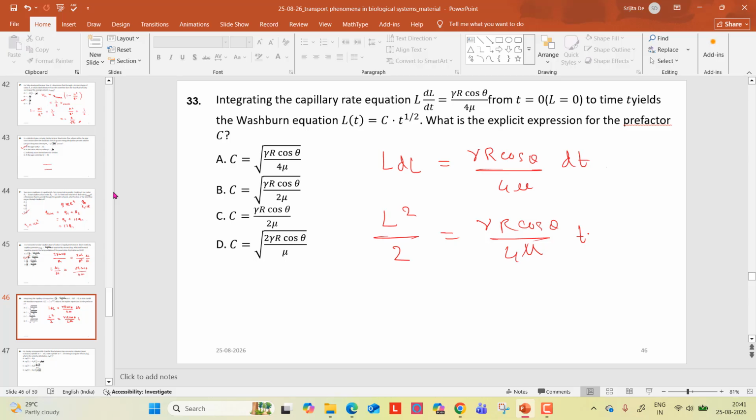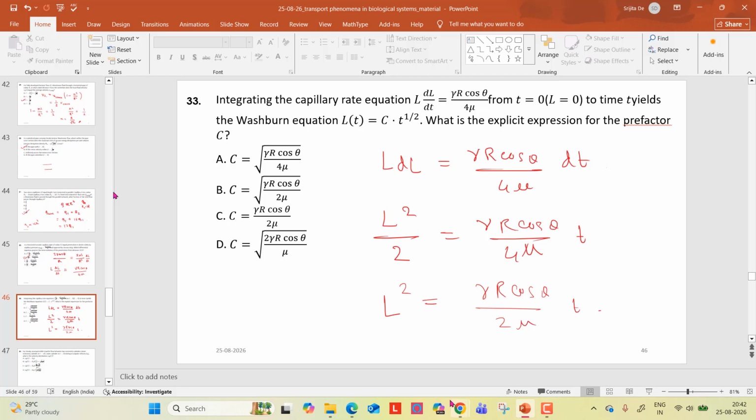So L square equals gamma r cos theta by 2 mu into t.